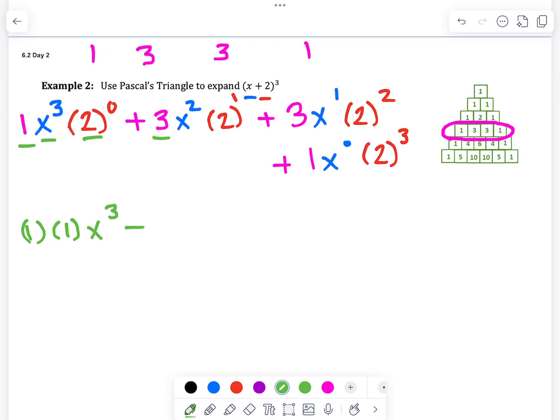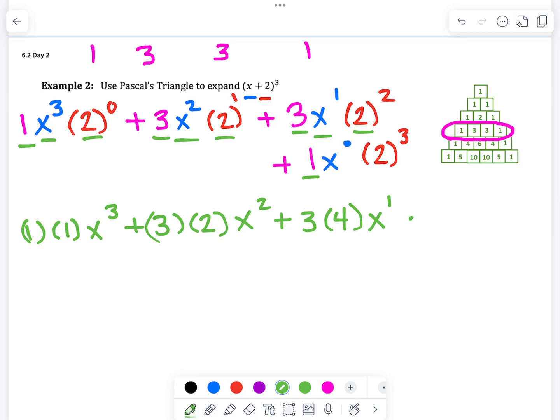Then I have plus 3. 2 to the first is 2, x squared. Then I have 3. 2 to the squared is 4, x to the first. Then I have plus 1. 2 to the third is 8.